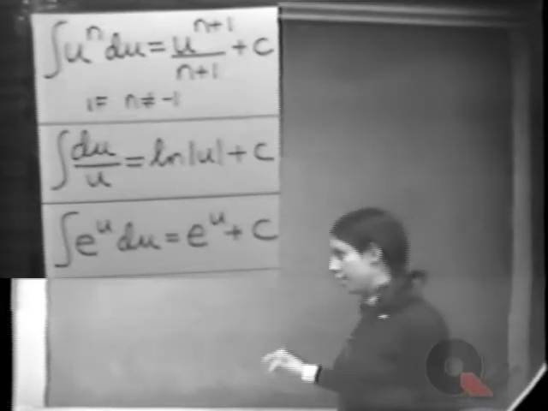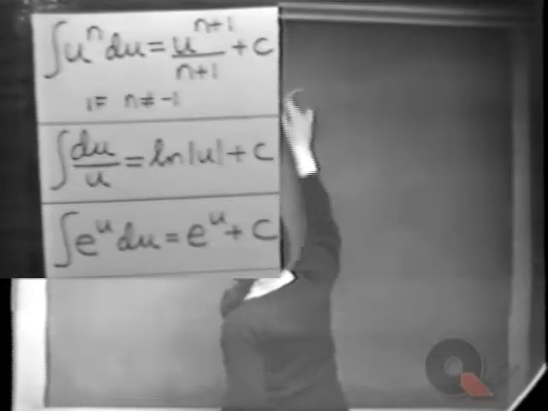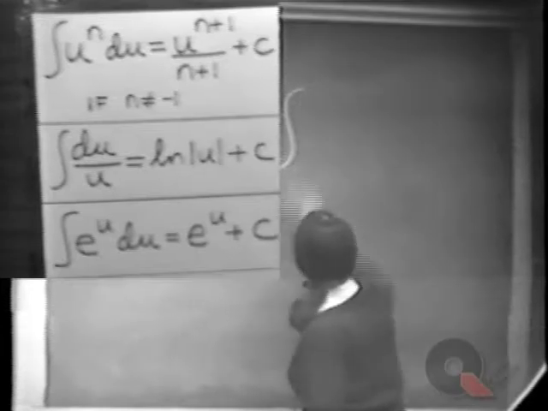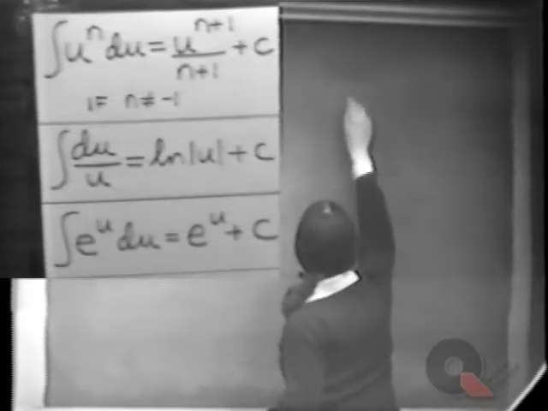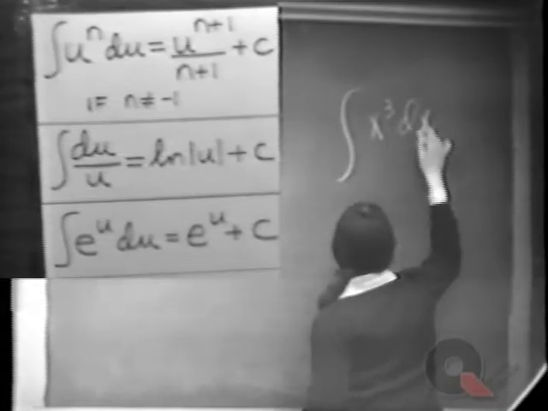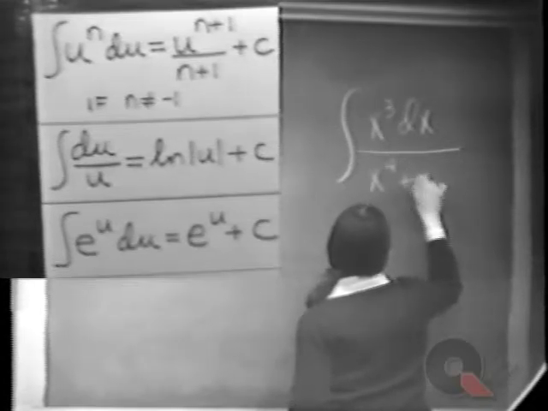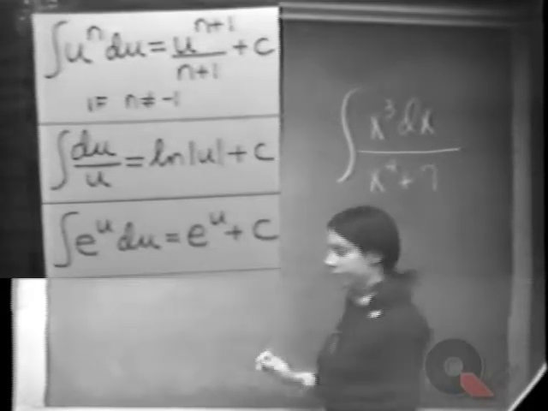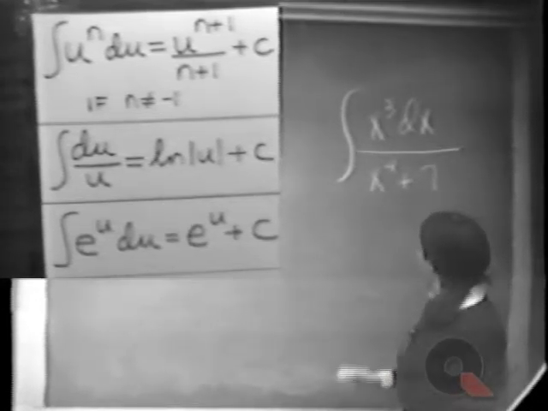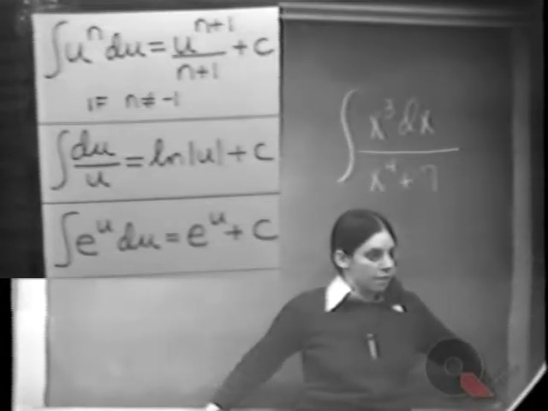Let's start with the integral of x cubed dx over x to the fourth plus 7. Okay, now we have our three formulas. We'll need to use one of them.